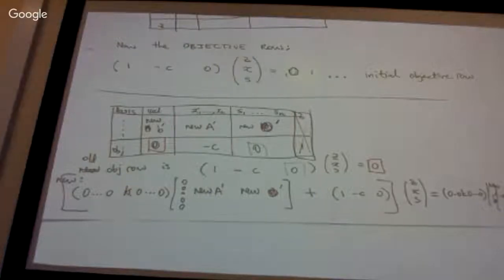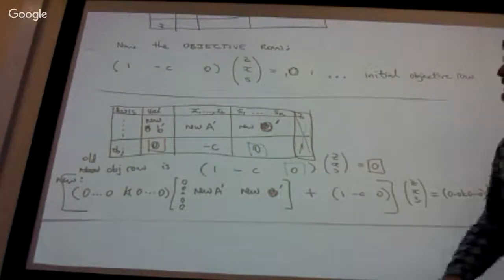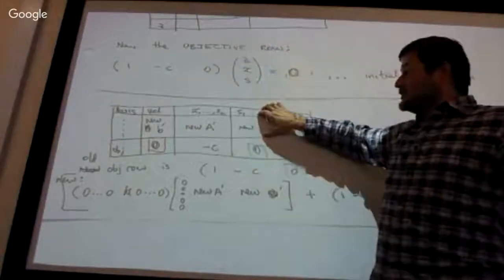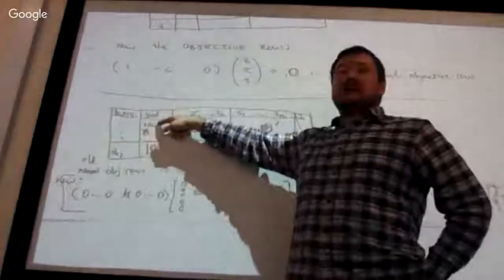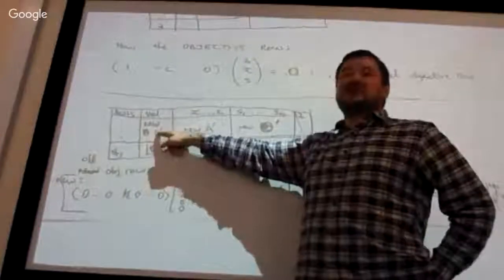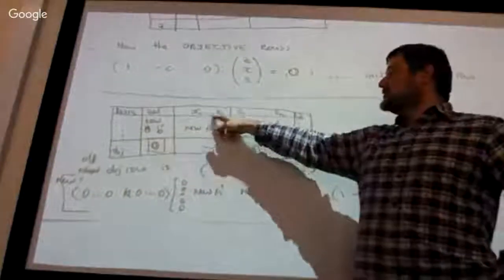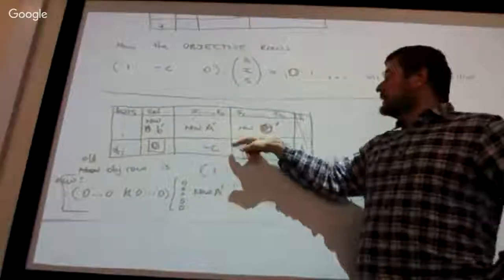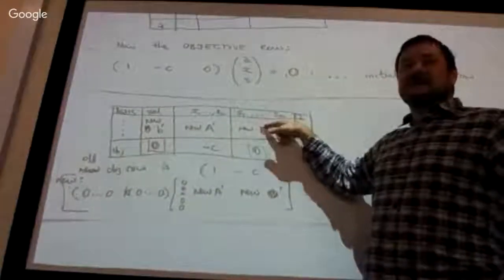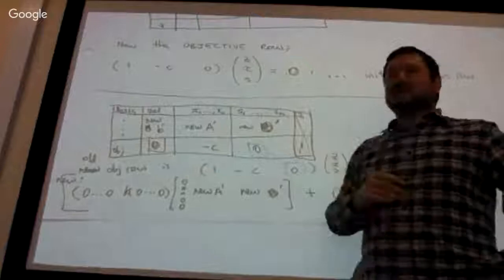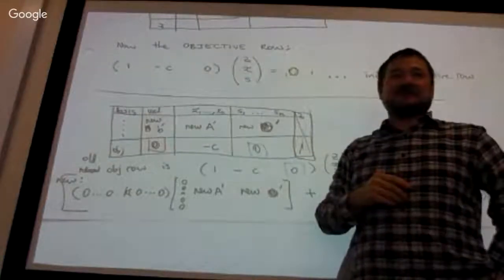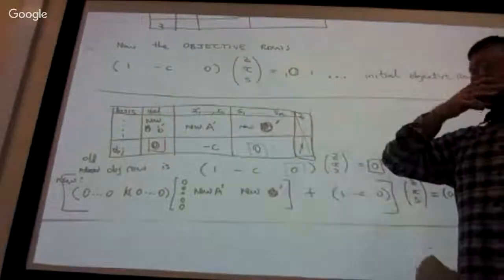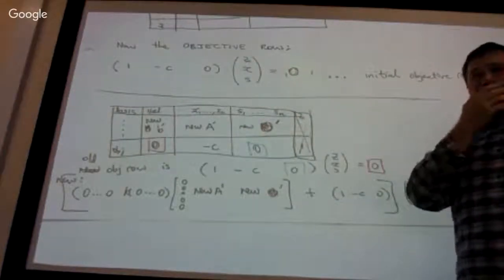Now, after I've done the pivot on the top, I get something new here. I don't care what it is, I just want to call it something. I get something new here, and I get new this, and I just want to call it something. Okay, and then you have the objective.